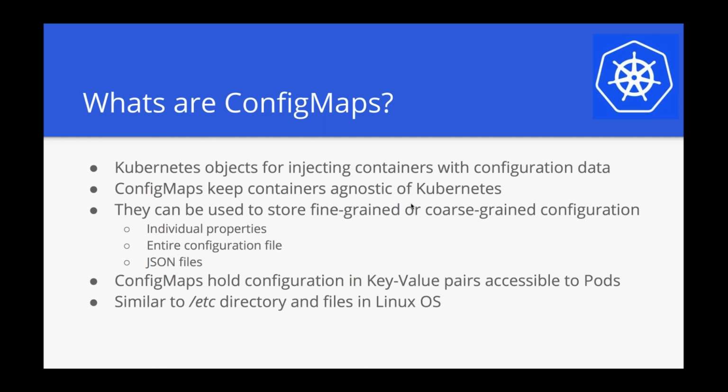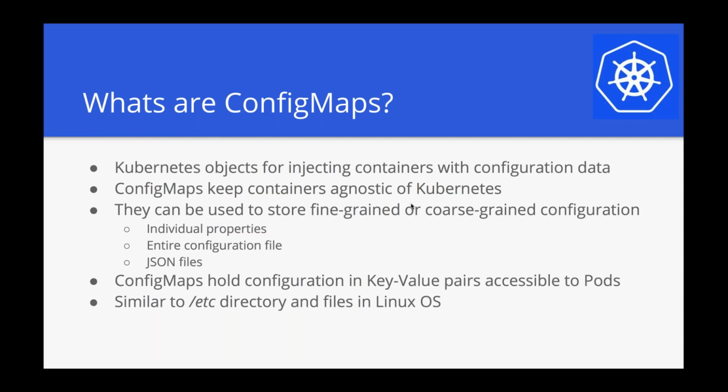So config maps are primarily designed to ensure that applications continue to behave like they are running as standalone applications without the knowledge of running within Kubernetes, but yet taking advantage of the new paradigm where they are highly scalable and they are highly portable.